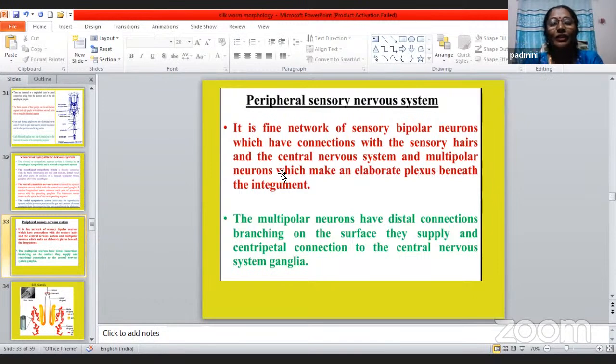What exactly is involuntary contraction and relaxation? When we are breathing, the lungs involuntarily contract and relax. The heart involuntarily contracts and relaxes. You don't have to command them, or ask them to contract and relax. They do their work. So this is the peripheral sensory nervous system that is working towards the involuntary action of the organism.